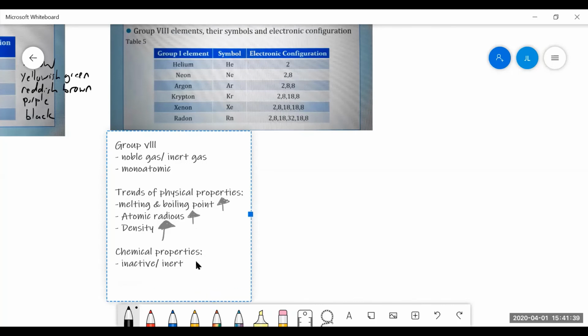So what are the uses of group 8 elements? First of all, helium. What are the uses of helium?